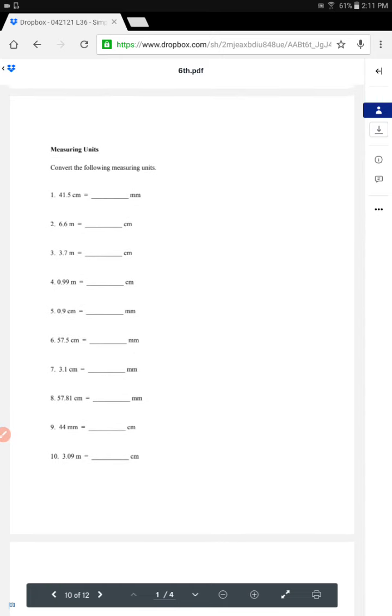Convert the following measuring units. So, let's do number 1. 41.5 cm, and we're trying to make that into millimeters.